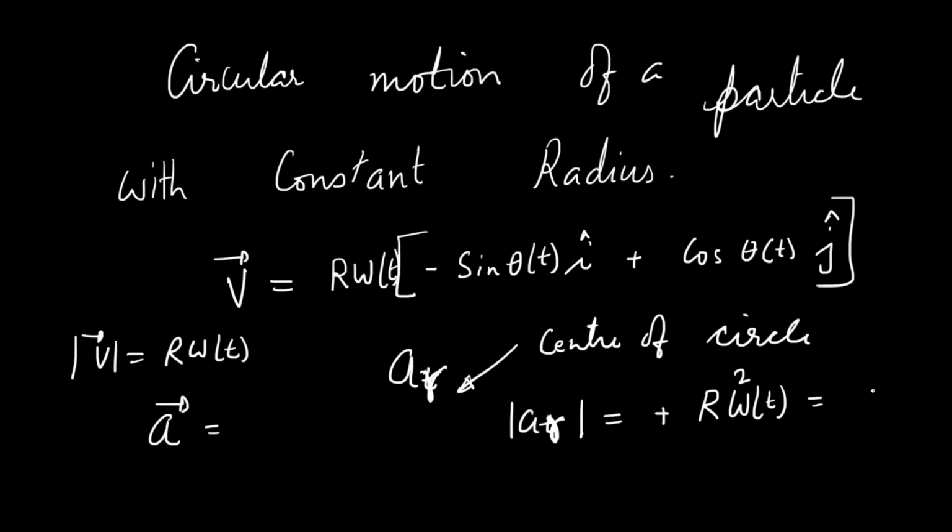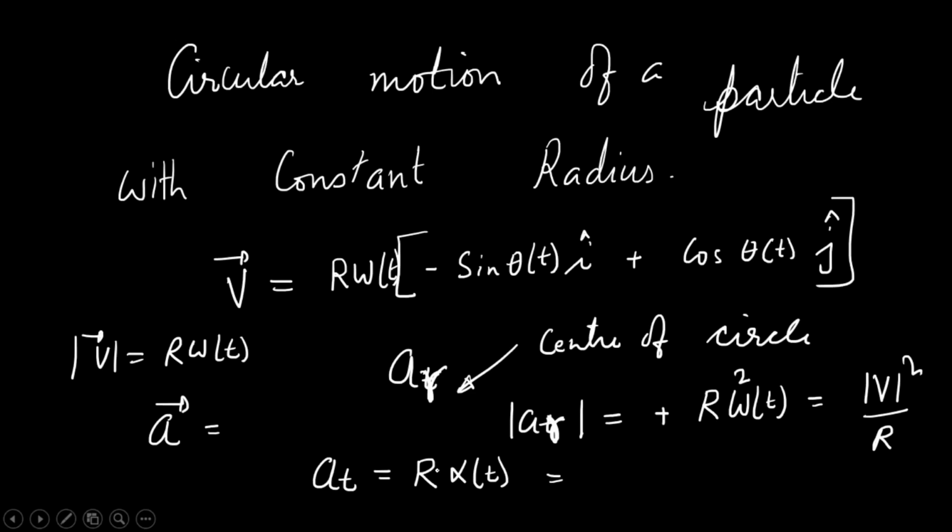And this can also be written as the instantaneous velocity square by r. But the new thing we have discovered is that A_T is not 0. In fact, the magnitude is r times alpha at that instant, and it's along the tangential direction. And this is the same thing as r times d omega by dt at that instant.